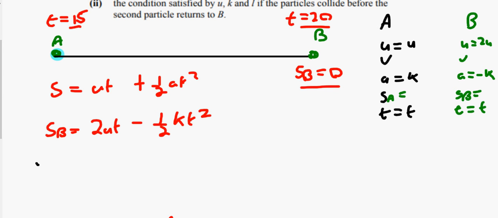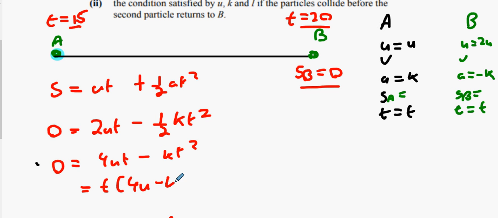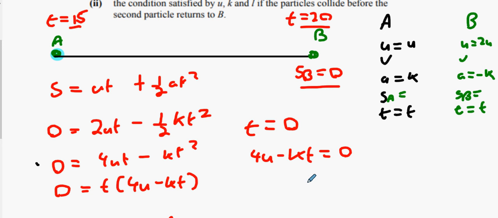We know SB equals 0. Multiply both sides by 2, and we get 4UT minus KT squared. Factorize out the T. We have T equals 0. We knew this already because we start off at that point. And then we also have 4U minus KT equals 0. 4U equals KT.